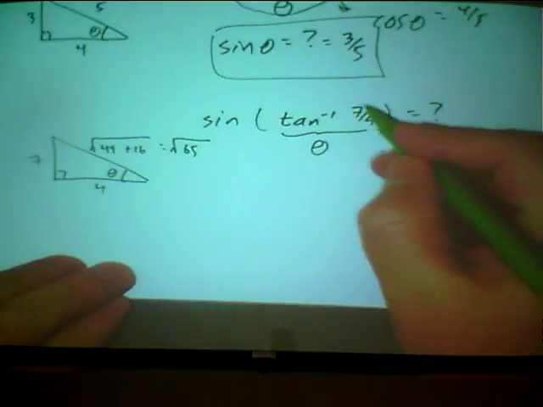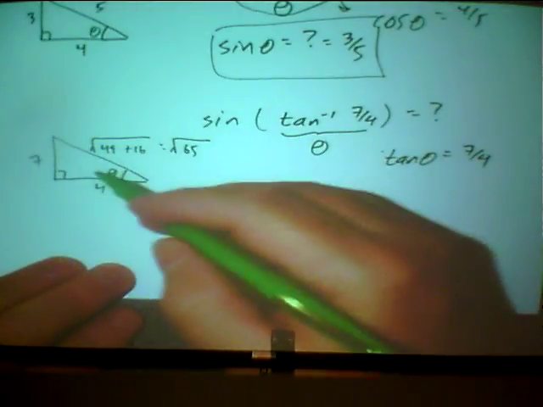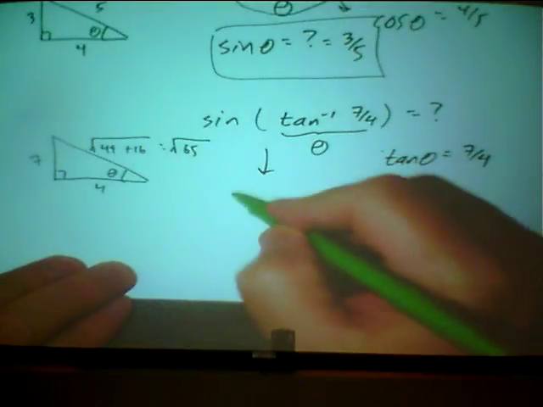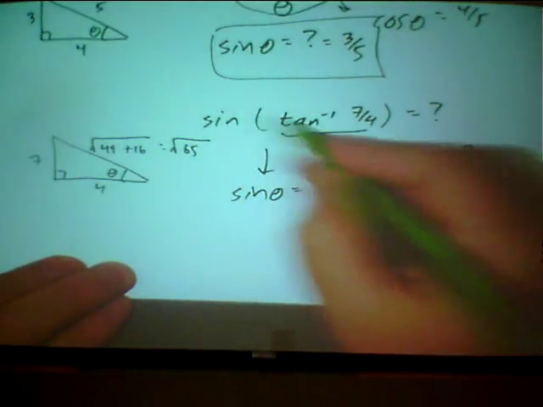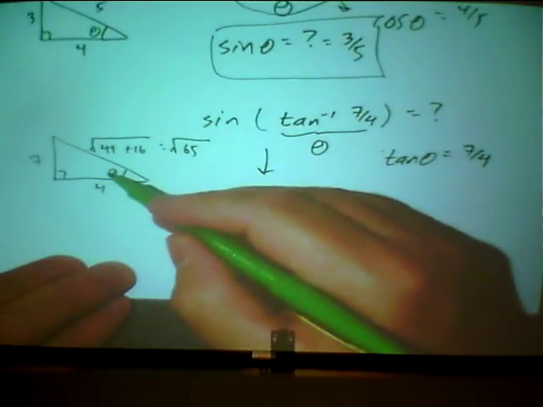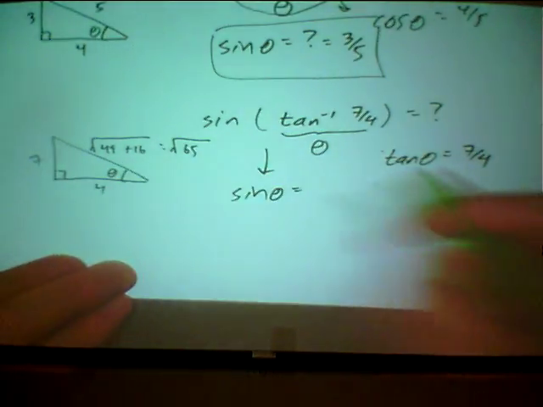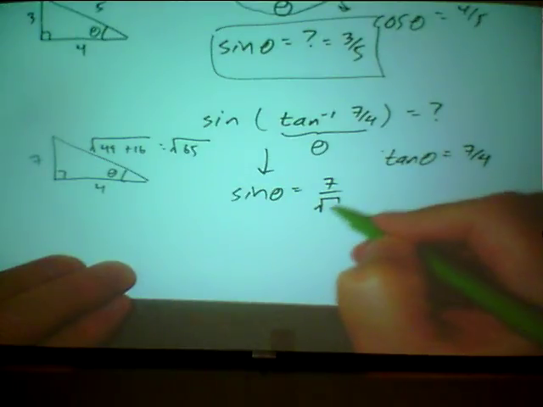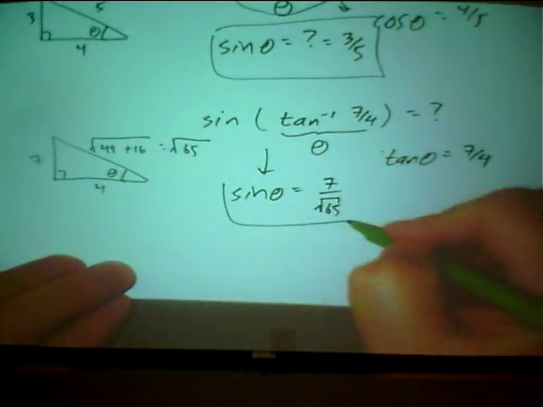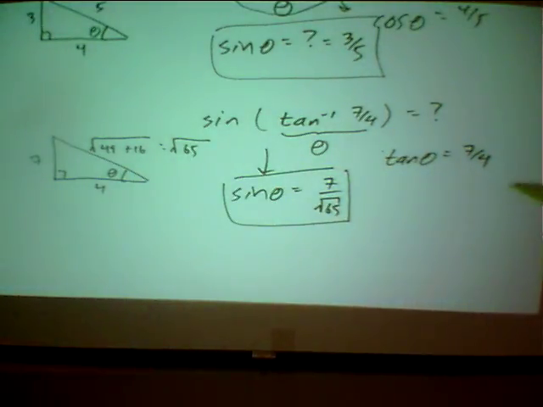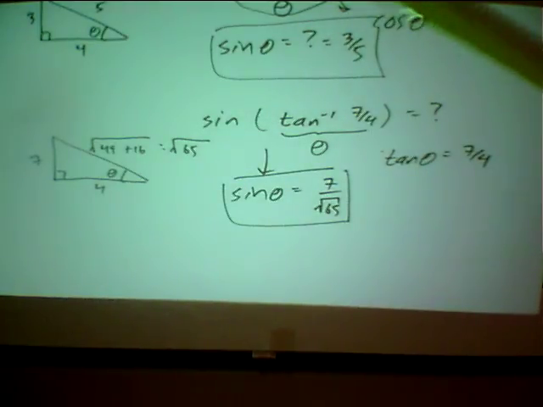So now this inverse tan function allowed me to create this triangle, and I can think of this problem as simply the sine of theta, where this is my theta here, and the sine is opposite over hypotenuse. So it's 7 over square root of 65. All right, so that's how you do those kinds of problems. A little tricky at first, but once you realize that you use the inside part to create your triangle, then you can usually figure out the trig function pretty easily.